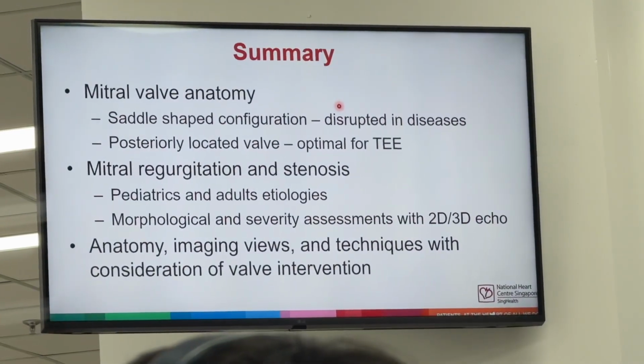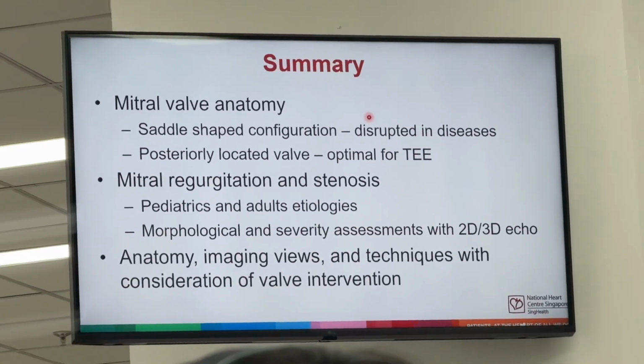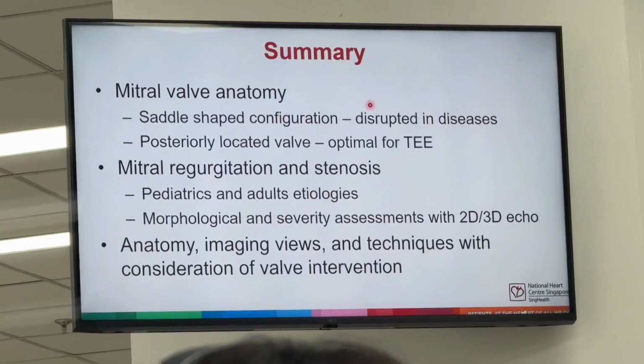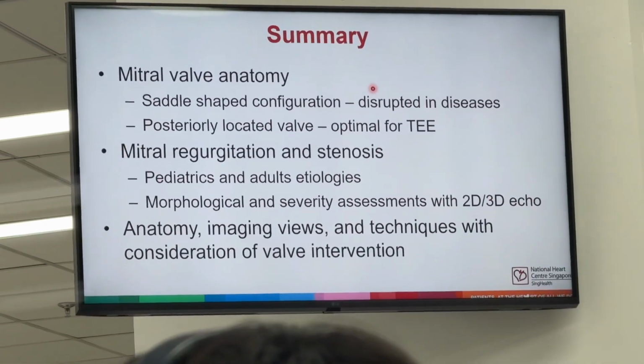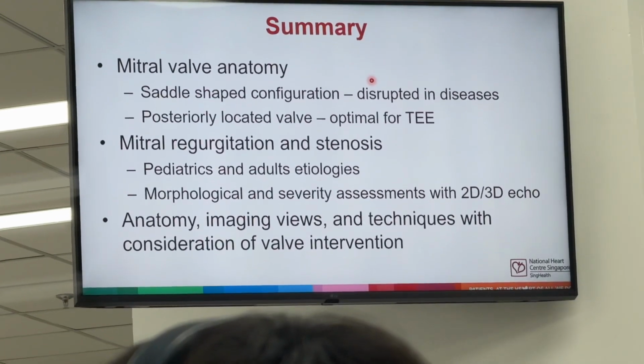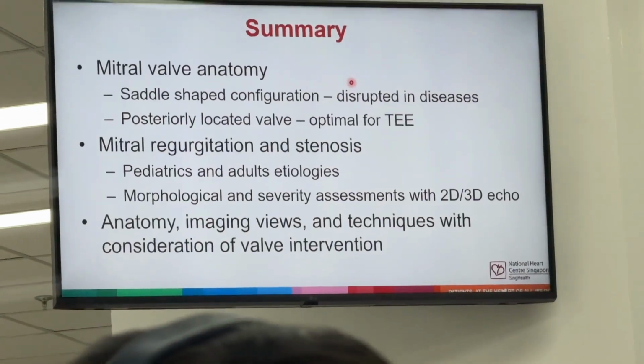Okay, so in summary, we have discussed the mitral valve anatomy. It is a posteriorly located valve, and imaging is actually optimal to image the posterior valve location, and it has a saddle-shaped configuration, complex morphology, and this is important in diseases.